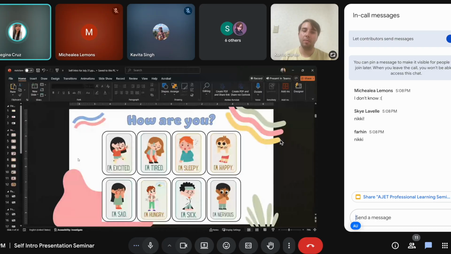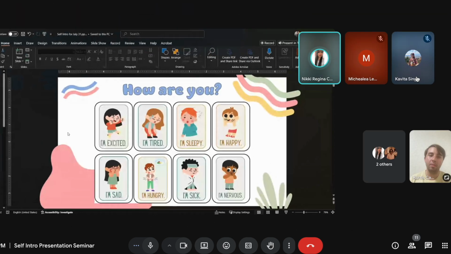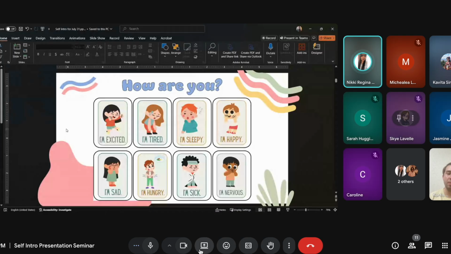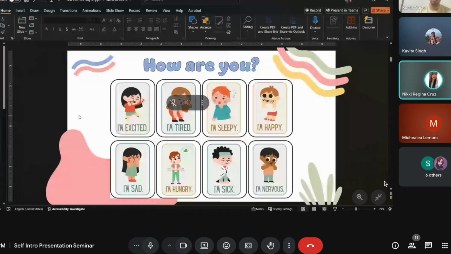I ask him, how are you? And whatever is on the card, they're going to answer me. So for example, I'm sleepy. Oh, I'm sleepy too. If we have the same card, we do rock, paper, scissors, and whoever loses gives the card to the winner. So it's like a collecting game, a collecting how are you game.